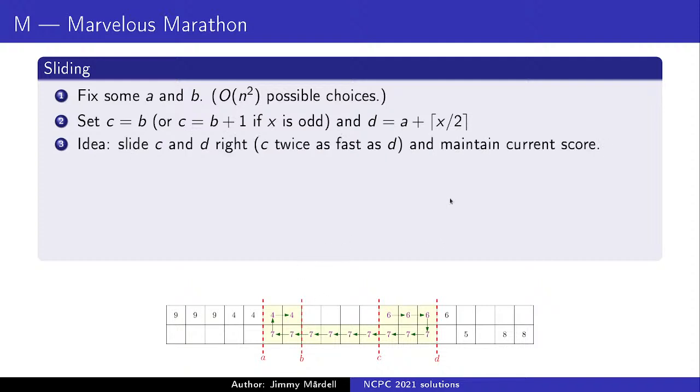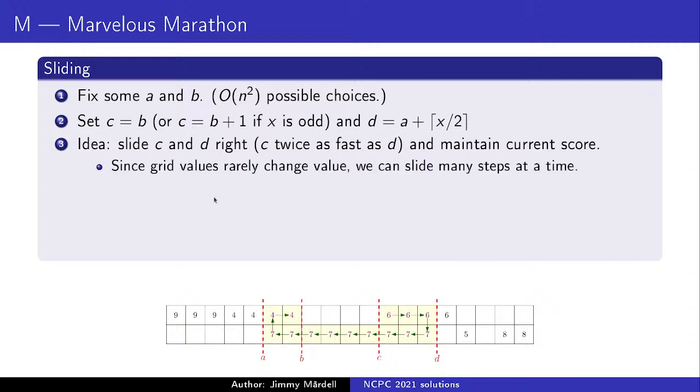And then the idea is to keep A and B fixed and slide C and D towards the right, rolling it towards the right, where C will move twice as fast as D, and we maintain the current score of the path as we do so.